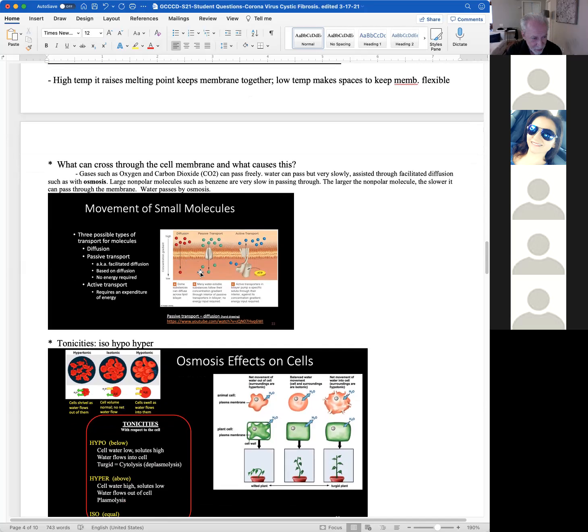And then there's active transport, which is distinguished by the fact that it goes against a concentration gradient and it requires ATP. So you can see the blue balls, they're at a low concentration inside, at a high concentration outside, but yet they're moving from inside to outside against the concentration gradient. And they're using energy to do that. The other two processes do not require expenditure of energy.